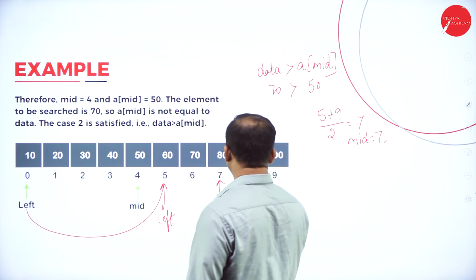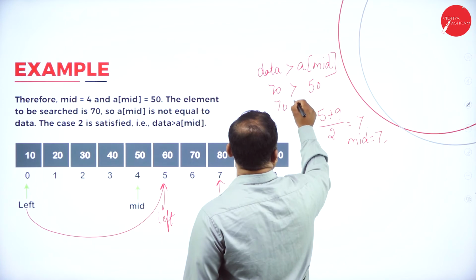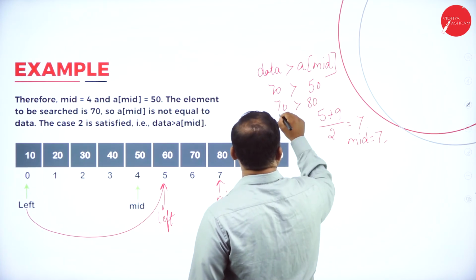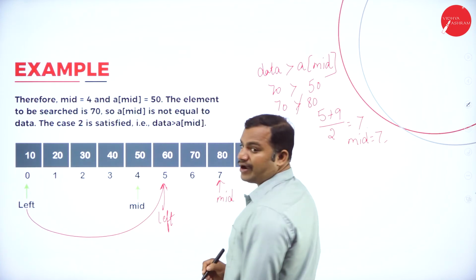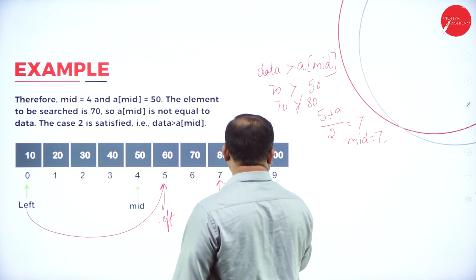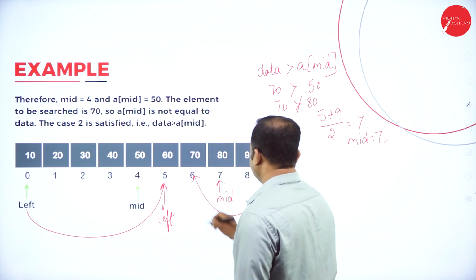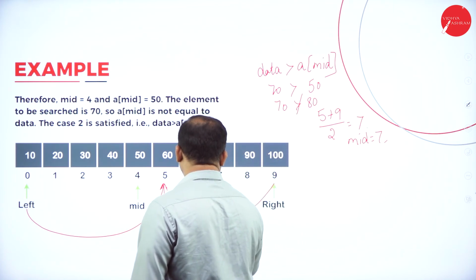Now, I will check whether data, that is 70, is greater than 80. No, it is not at all satisfied. So if it is less than that, I have to shift the right from here to this position. This becomes my new rightmost bit.